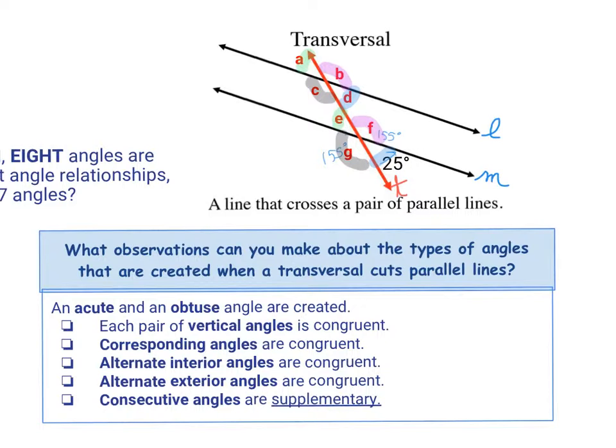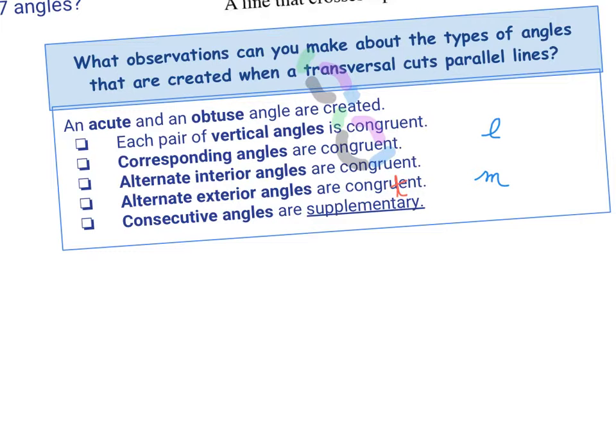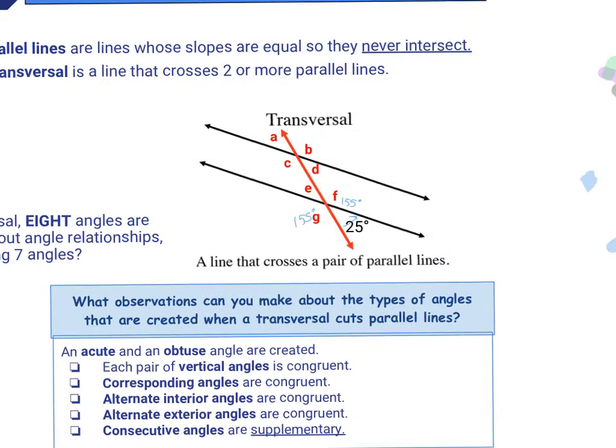The other vocab word that you can look at is alternate interior. Alternate interior angles are angles that, when you look at the parallel lines, are on alternating sides of the transversal, and on the inside.